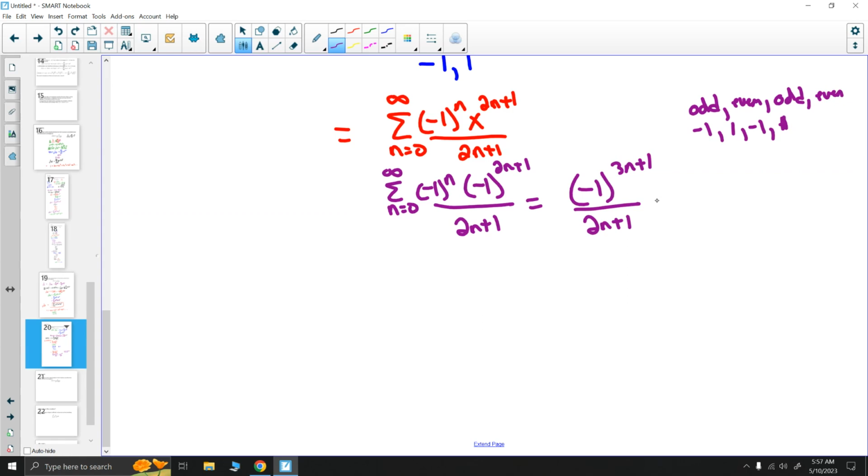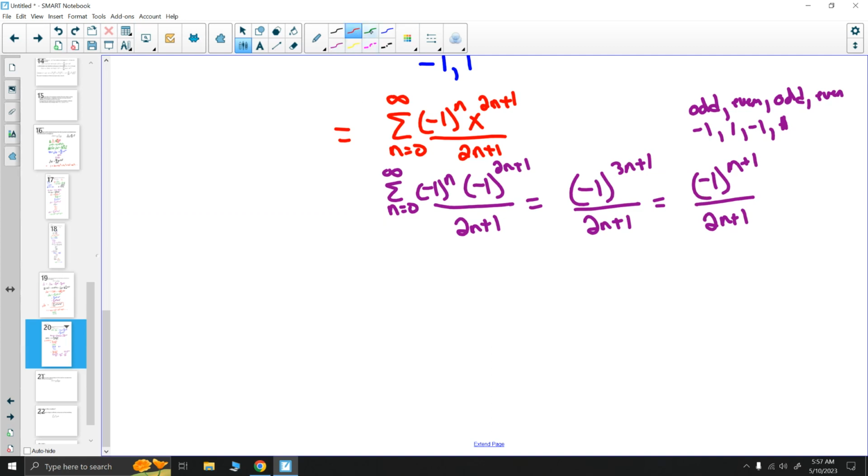So really, this is like saying (-1)^(n+1), since we're starting at 0, over 2n plus 1. Again, our first term, 0 plus 1, that's 1, so it's going to be odd. That's what we're really dealing with here, just an alternating series.